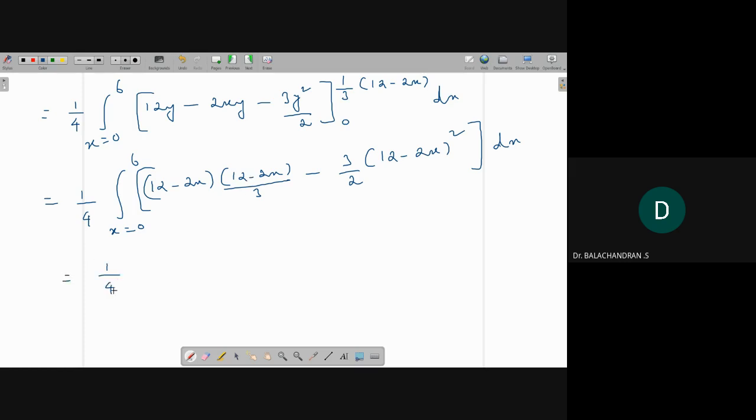1 by 4, x is equal to 0 to 6. Yes, 3 into 1 by 3 is 1 by 3 into 12 minus 2x whole square, sir. Here 3 by 2, okay, by 9, by 9, sir. Yes.